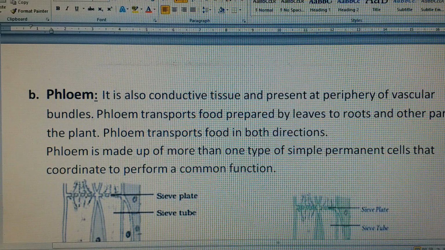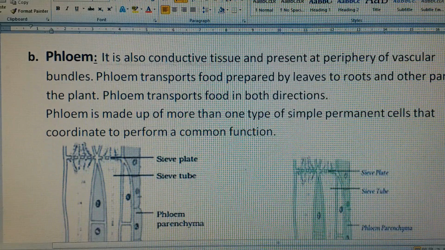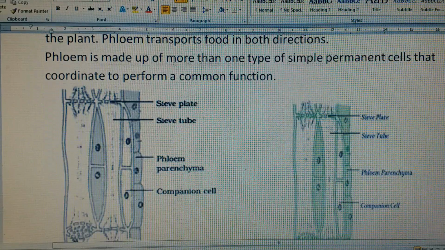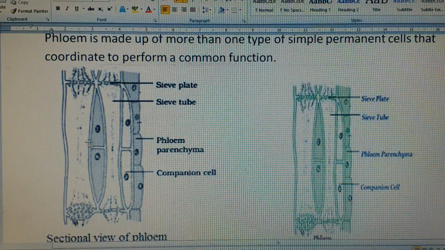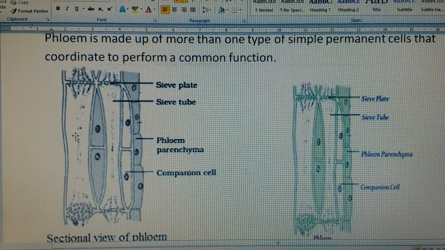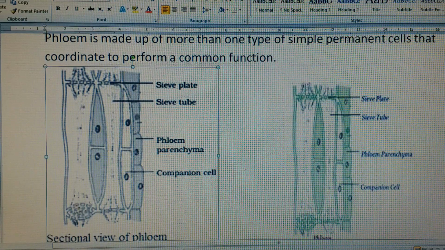The phloem is made up of more than one type of simple permanent cells, which coordinate together to perform a common function. You can see both structures are the same, but one is black and white and the other is colored. Here you can see a few pores present.